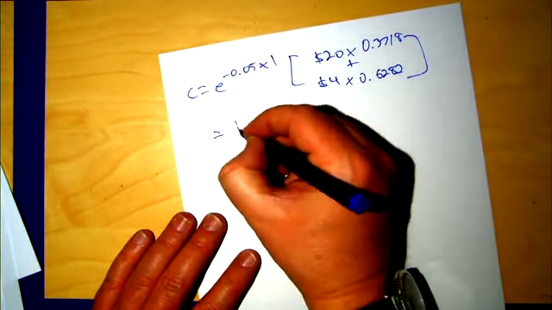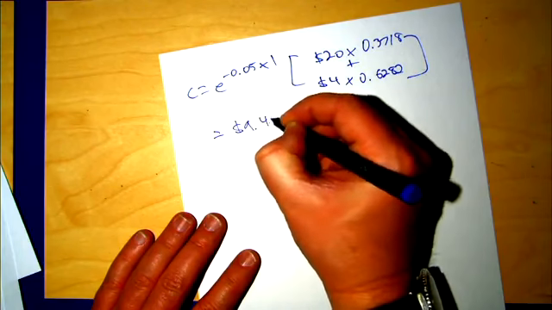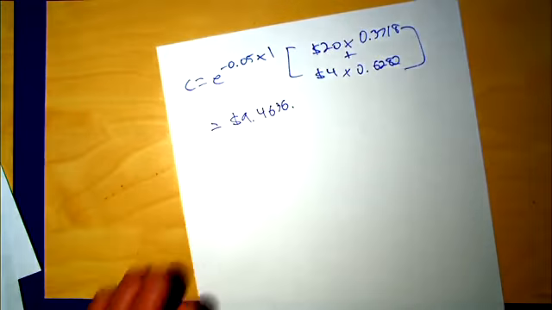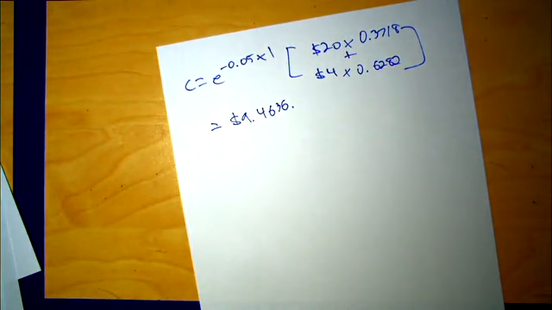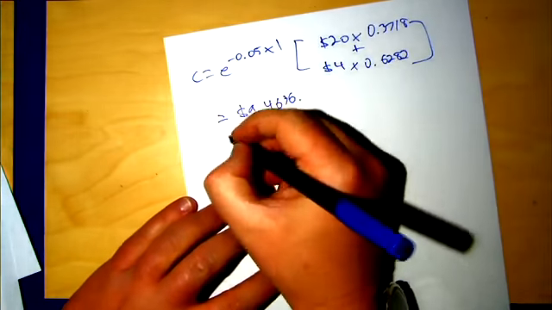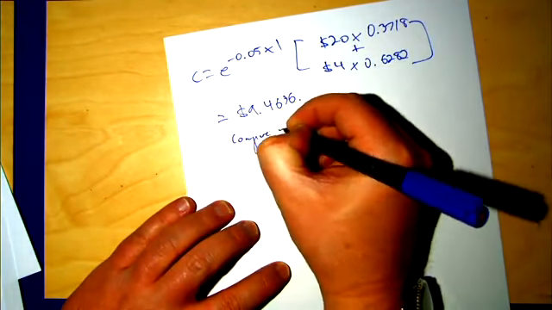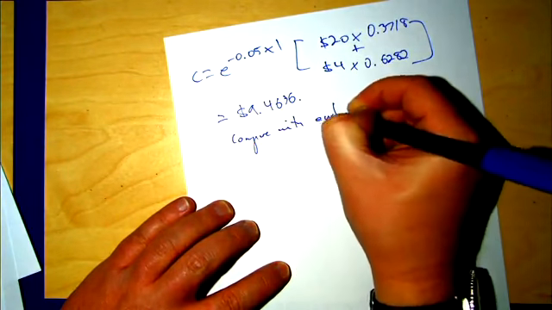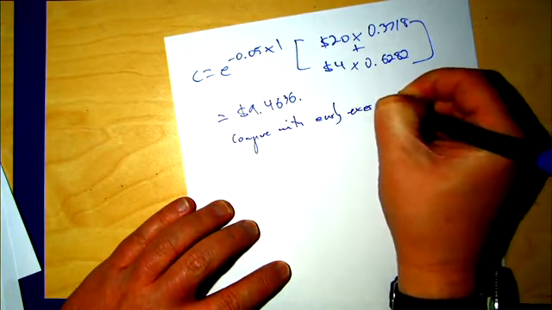So I plug that in my calculator and I get 9.4636. And then again, I compare that with early exercise.